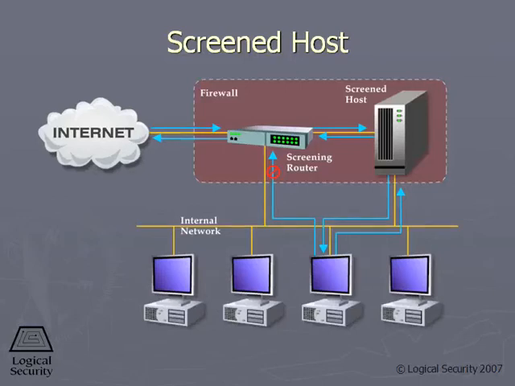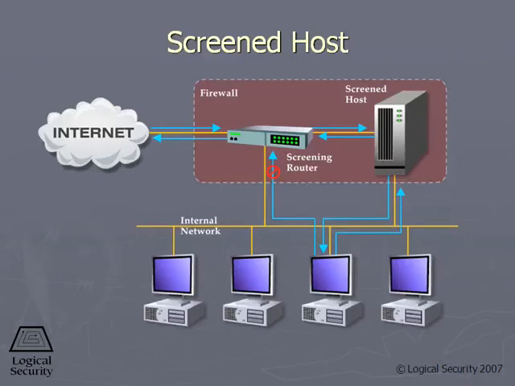You have a packet filtering firewall or some type of screening device, and basically that's getting rid of the obvious traffic that's not needed, and then it'll go to the screened host, which is usually the firewall, and then that data can go into the network.